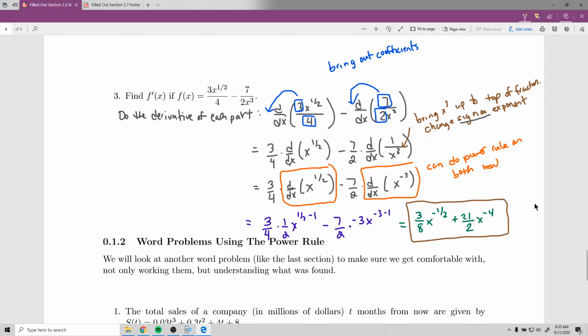But once you do the derivative, just leave it alone. This is fine. We don't need to simplify anymore. And once again, we know we're done because we've done all the derivatives and all the powers and all the numbers are simplified.